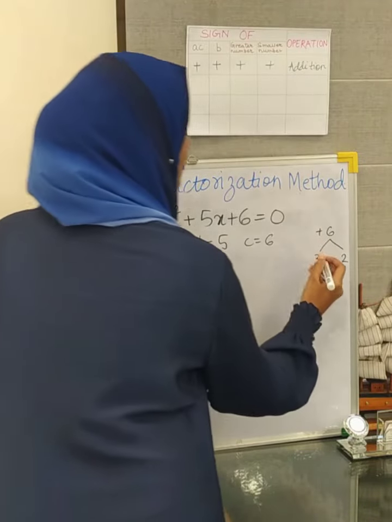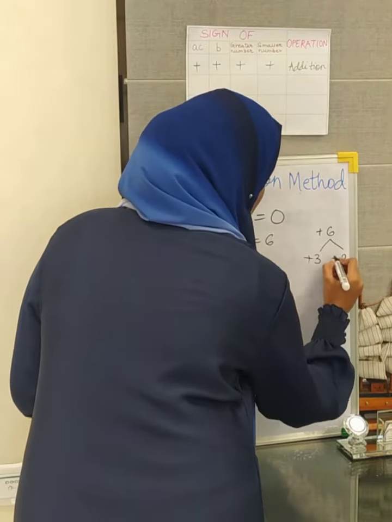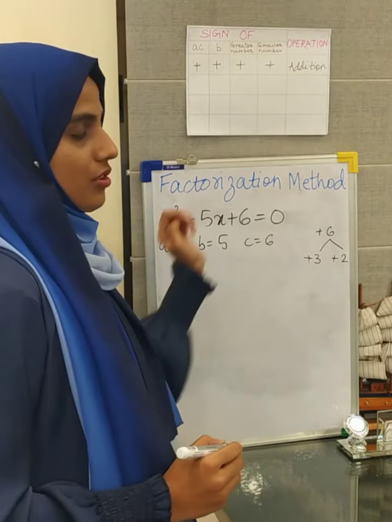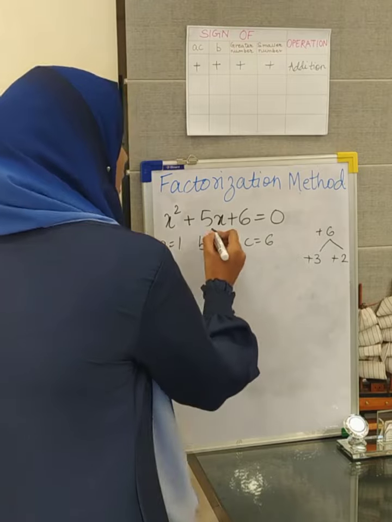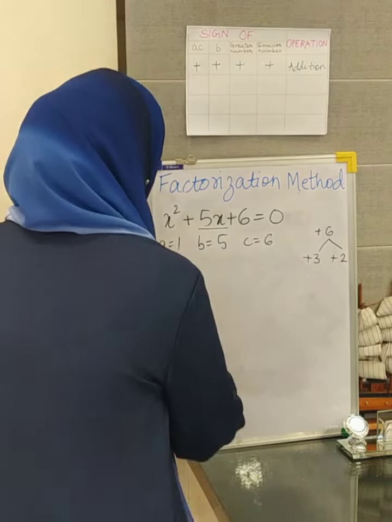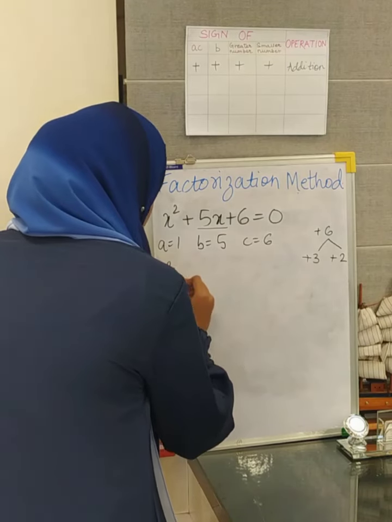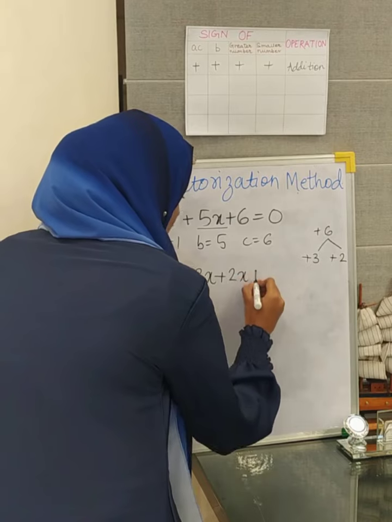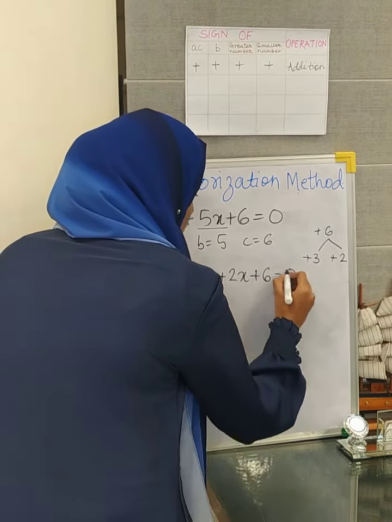So both the factors should have a plus sign and the operation used is addition. Now we will split the middle term. In terms of these factors, the equation becomes x square plus 3x plus 2x plus 6 is equal to 0.